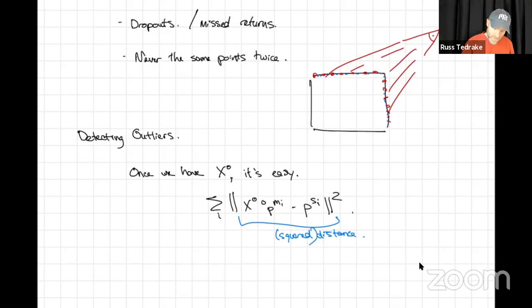So if I were to drop an outlier into this picture and I fit my pose to something close to this box, the distance between the outlier and its closest corresponding point is going to be large. So at first blush, points with a large distance are the outliers.